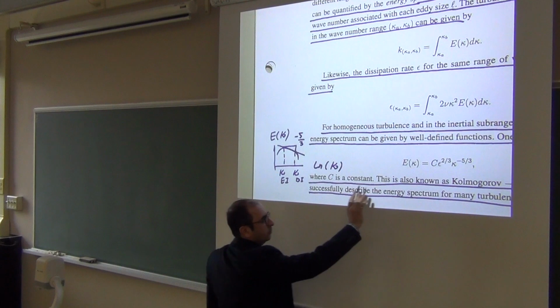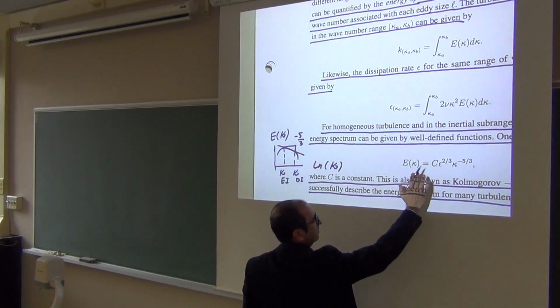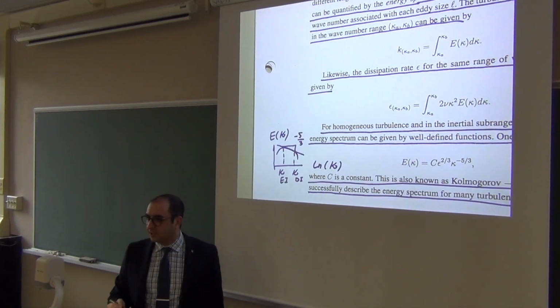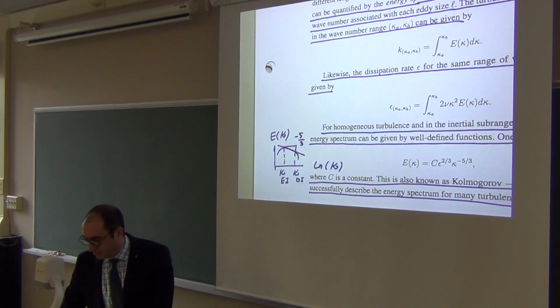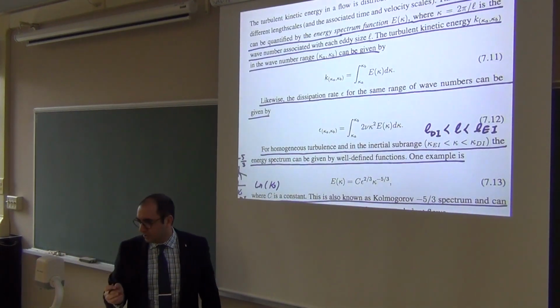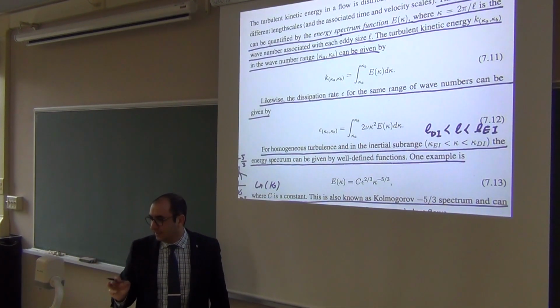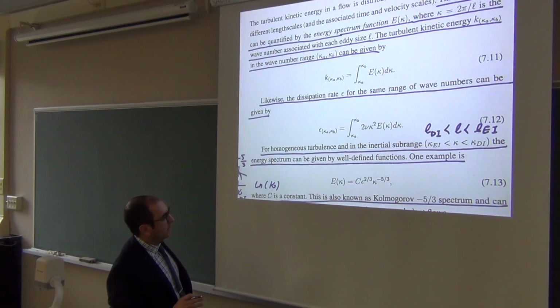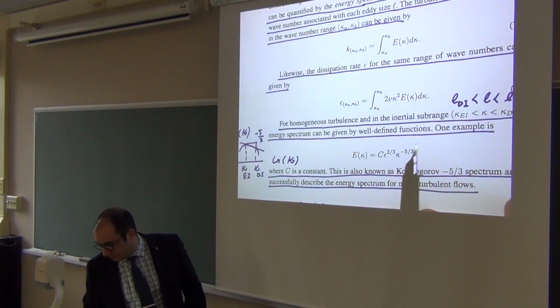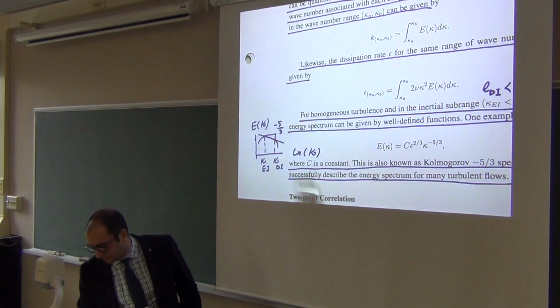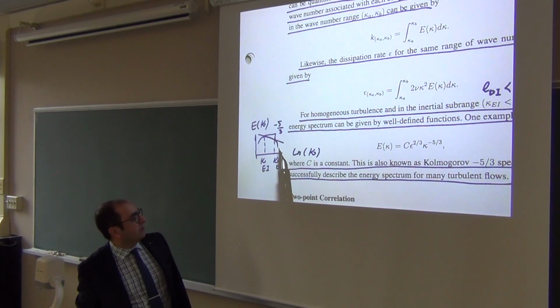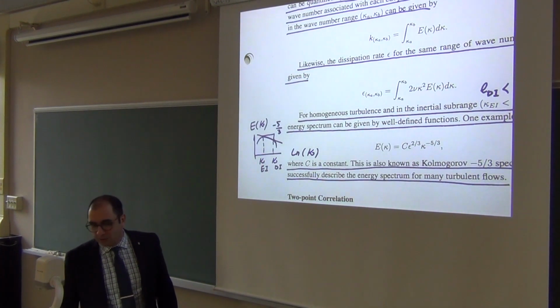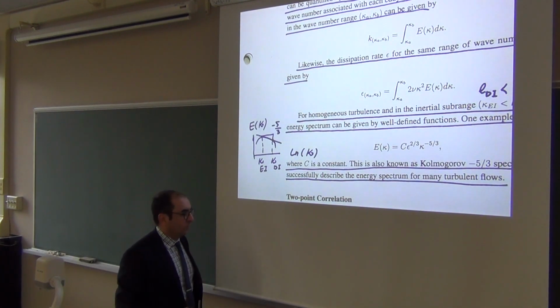And remember, this is only used for momentum. It's a U component of velocity. If you look at other complicated statistics, let's say temperature fluctuations, could be different. I mean, in fact, the whole shape of the energy spectrum function can be different for different velocities. And in our group, we do it for all kinds of turbulence quantities.